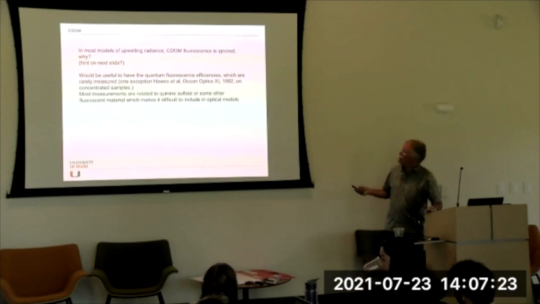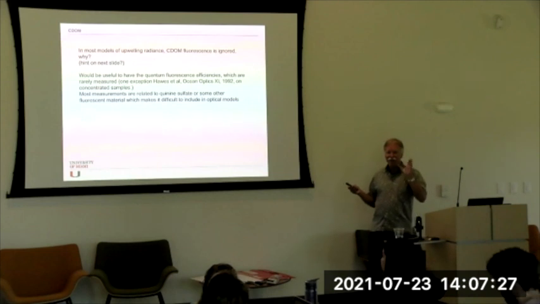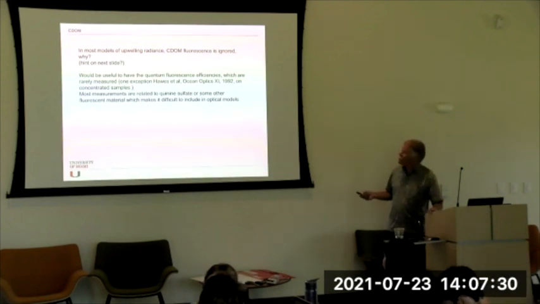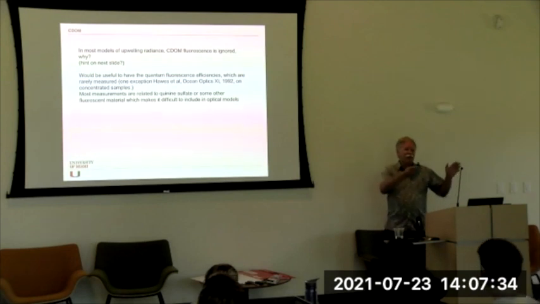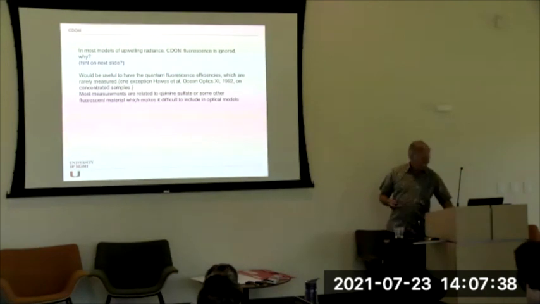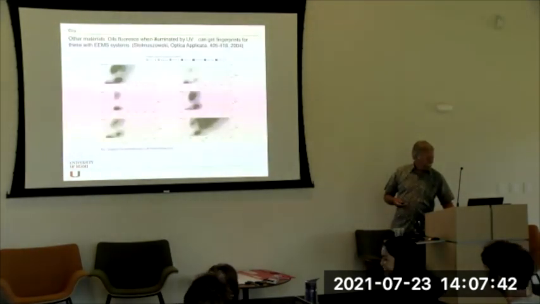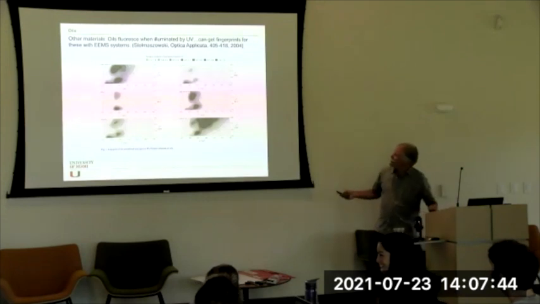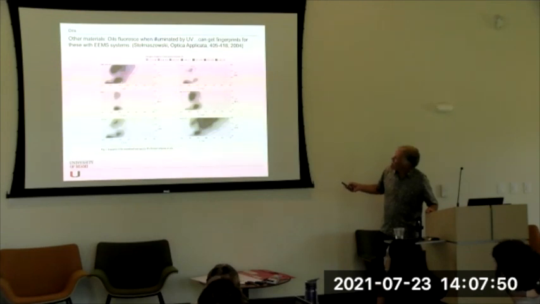And so we need some way to make these measurements better on unconcentrated CDOM, which is why for years I've been trying to work with Colin to get a polarizer into her excitation emission spectrometer. Because if you look at, oh well, here's another example, oils fluoresce. This is an excitation below 300 and emission up here.